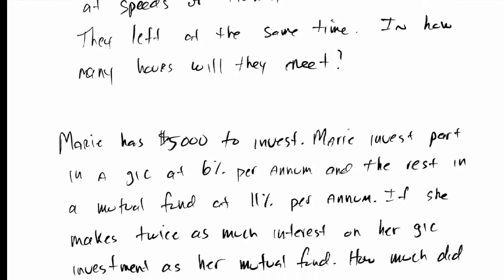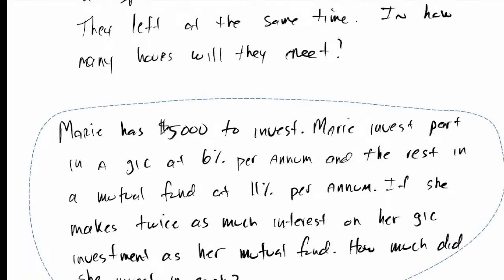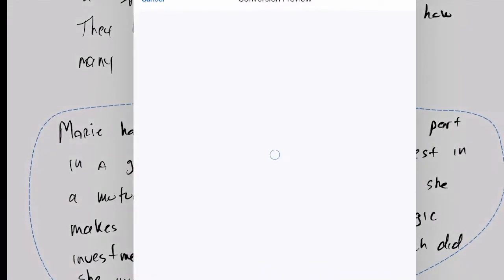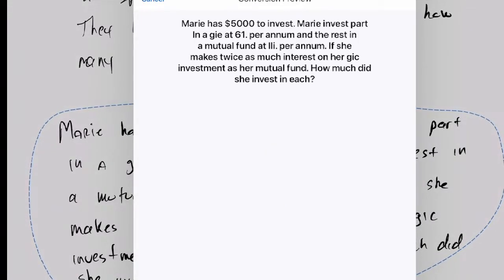Okay, here's two examples. Here's an interest one. You guys, I'm hearing a lot of people want that. So let me just convert this to text so you can read it.